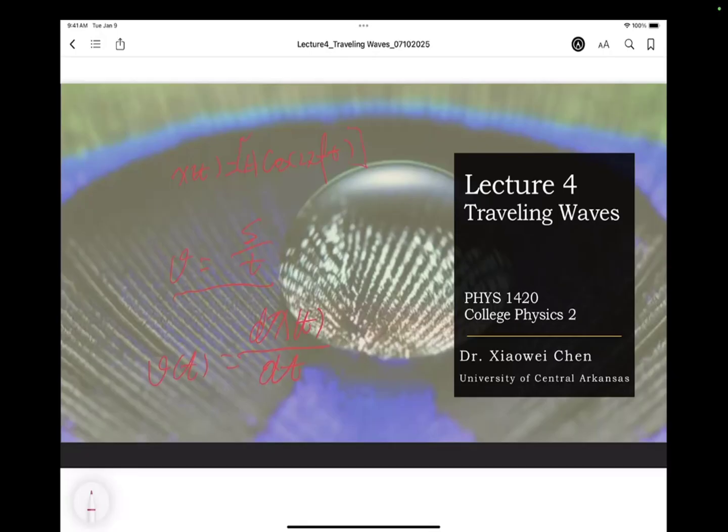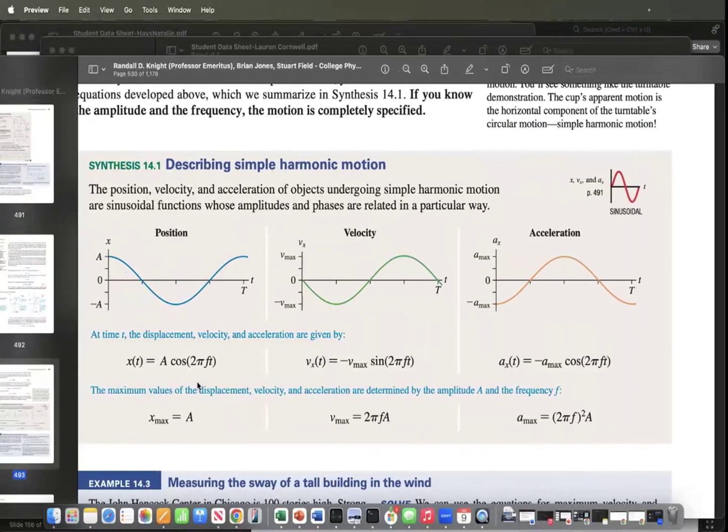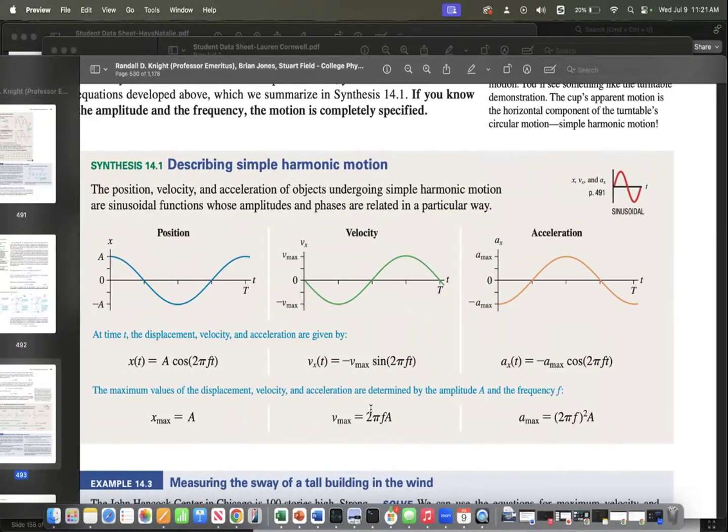That is d of A cosine 2 pi f t over dt. This gives 2 pi f, and A cosine becomes sine, sorry, because the derivative of cosine is sine.